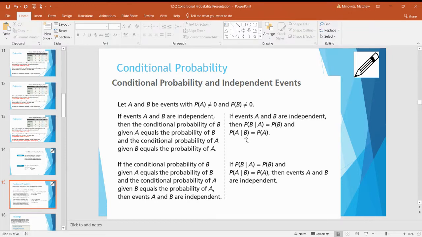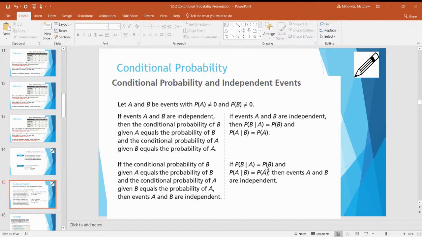They don't interact with each other or change the outcomes. And we also have to check the reverse, that A is not going to affect B. So the probability of B given A equals the probability of B. So we can check for independence to see if one event affects another event.